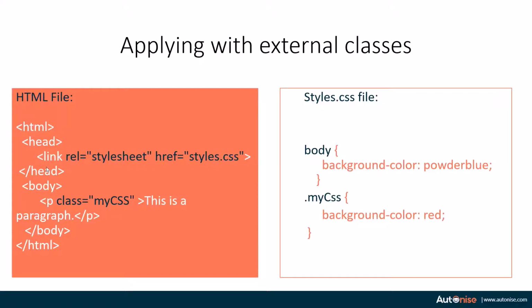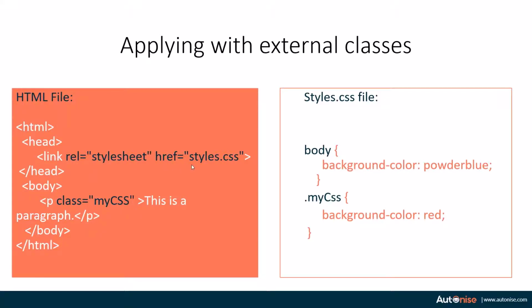The link specifies that we want to import something which is outside our HTML code. Inside rel, we define the type of the link, which is stylesheet. So whenever you are trying to import CSS, you should in the rel attribute specify stylesheet.